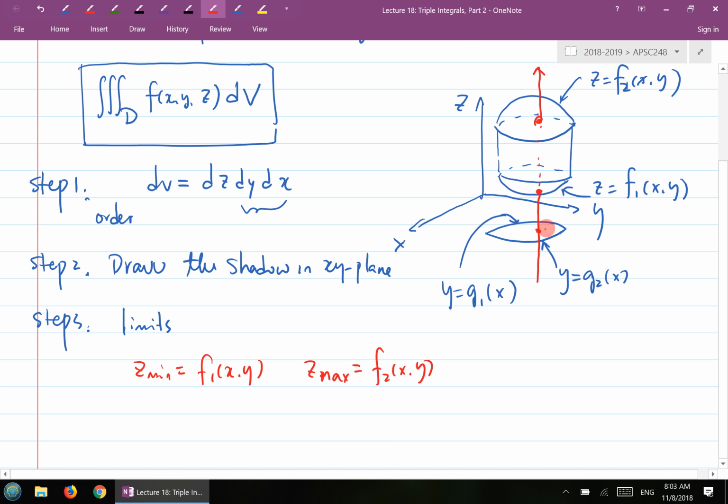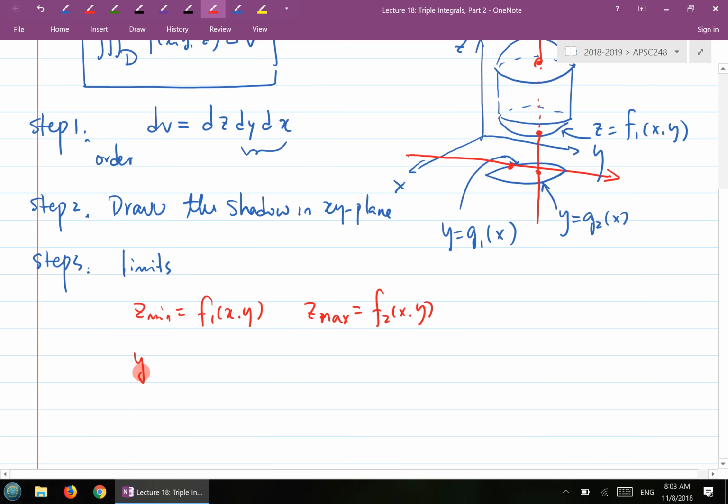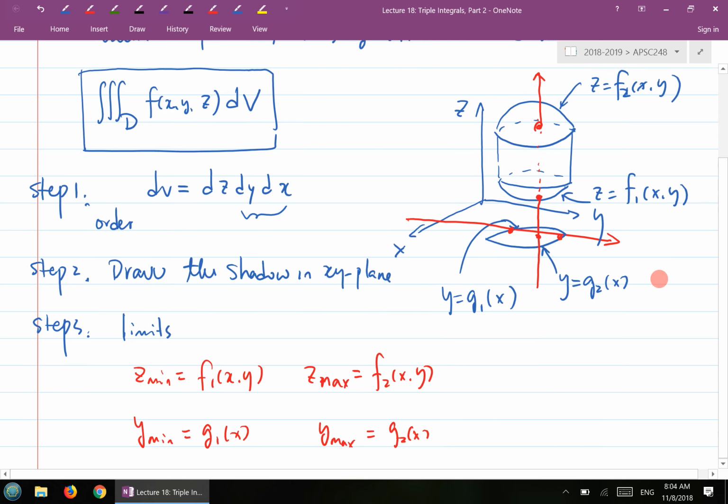The next step is you draw an arrow line in the positive y-axis direction, because the second variable in the order is y. The first contact gives you y min, the second contact gives you the y max. So that's the 2 limits for y.